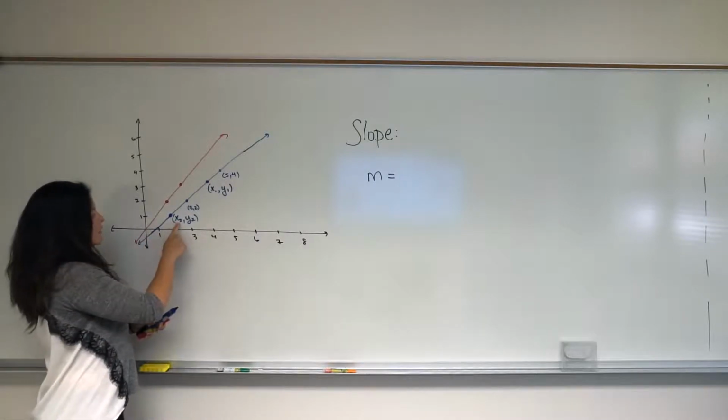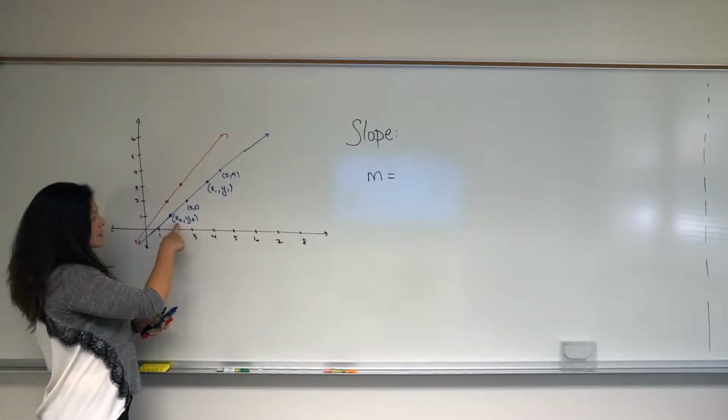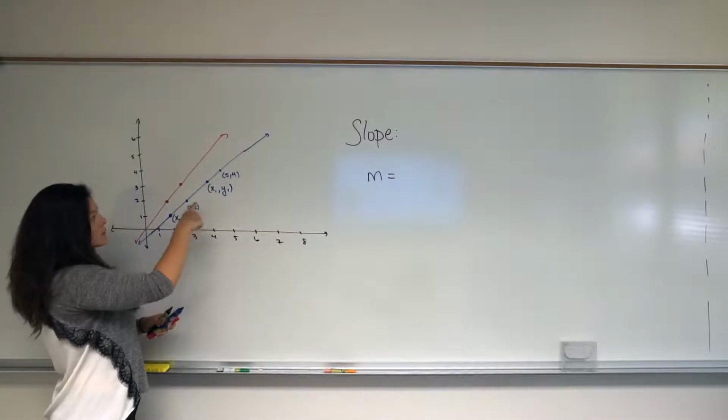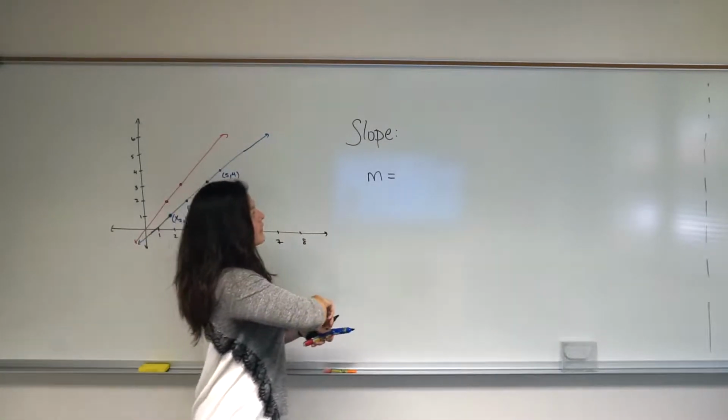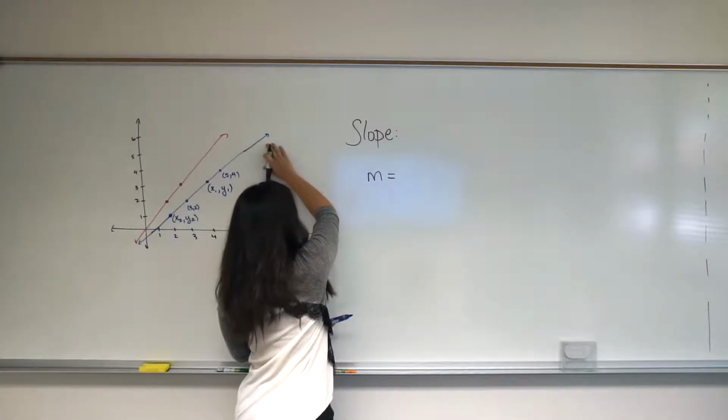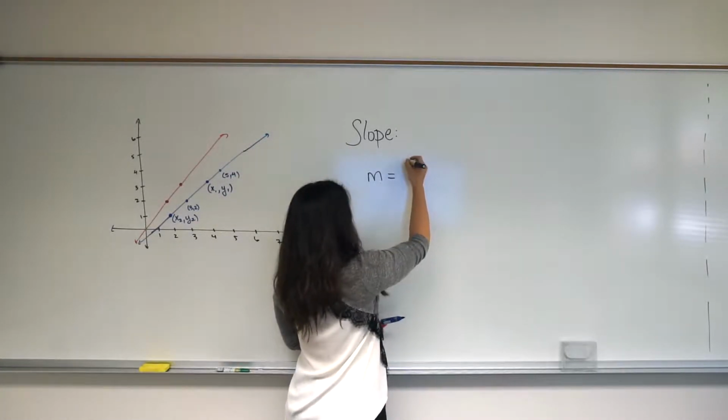So the first component we're labeling as x2 and the second component y2, and for this point x1 and y1.